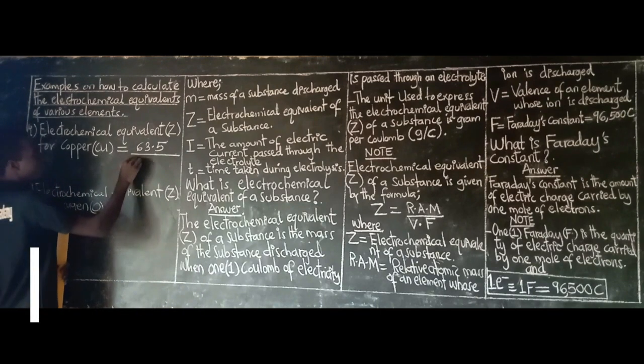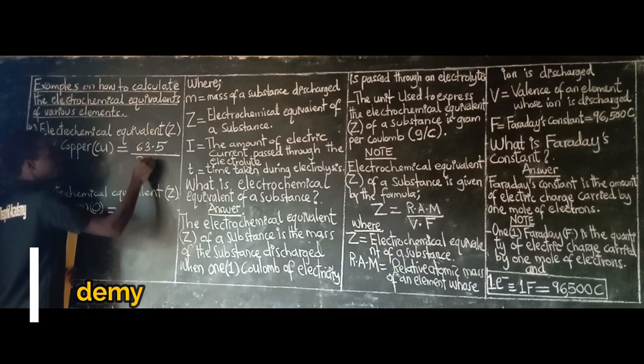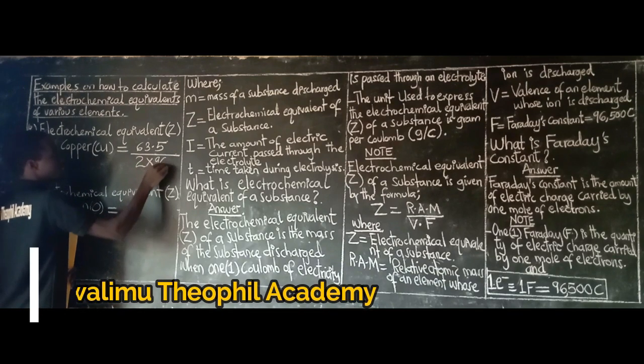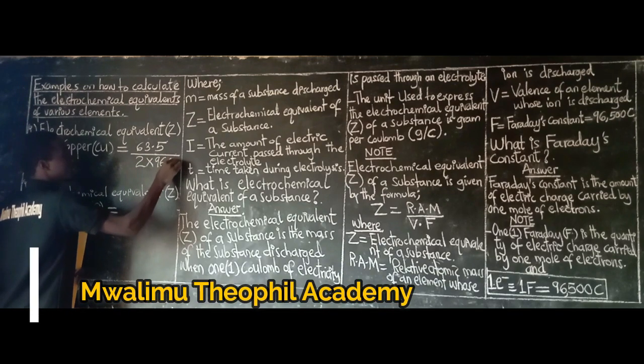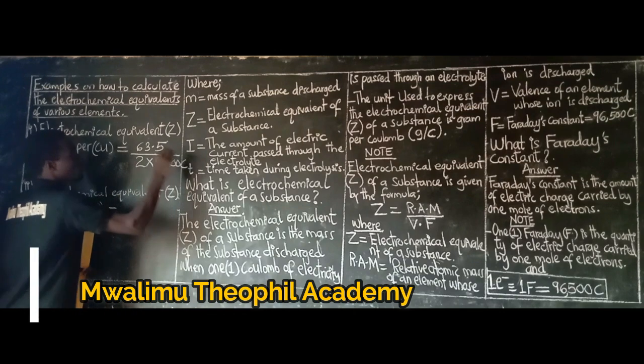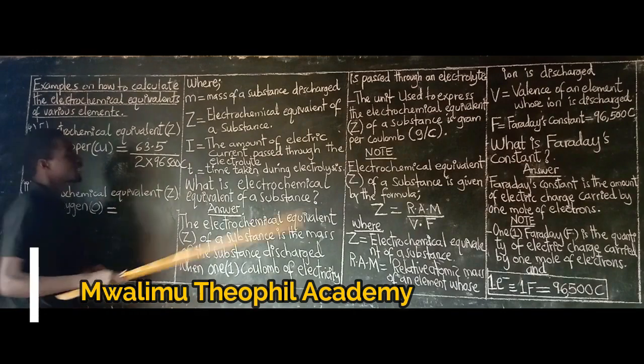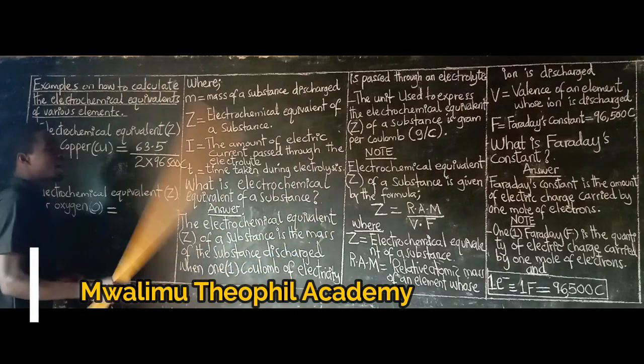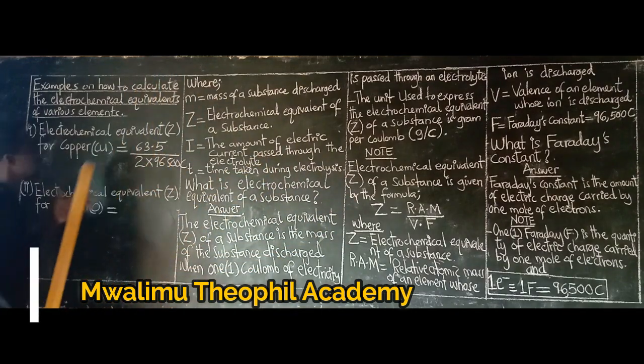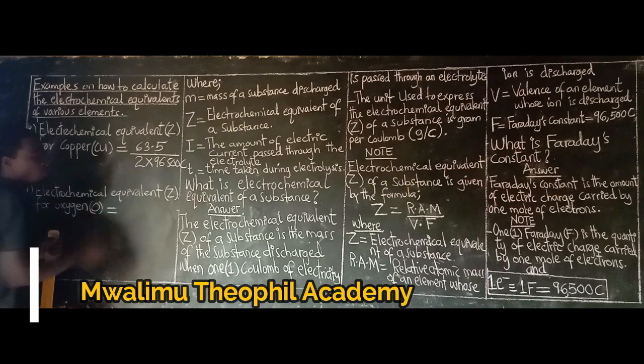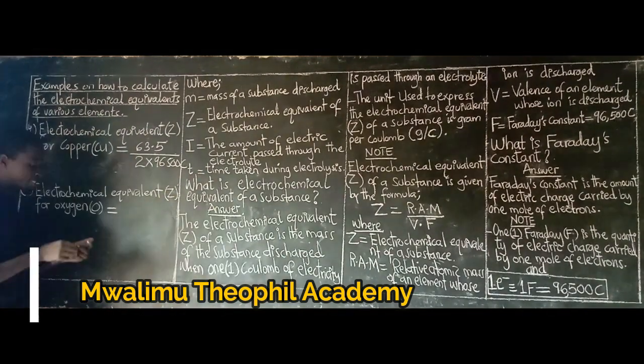The valence of copper is 2, times Faraday's constant, which is 96,500 coulombs, as we have said that 1 Faraday is equal to 96,500 coulombs. So what are we going to get? Let us compute it by using a calculator.